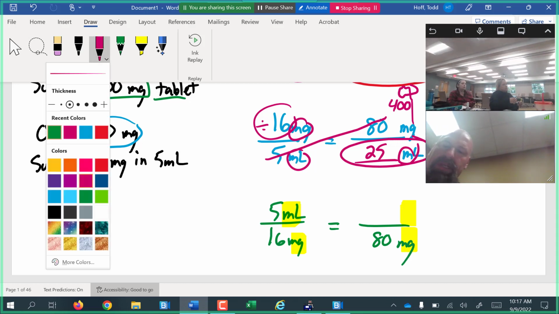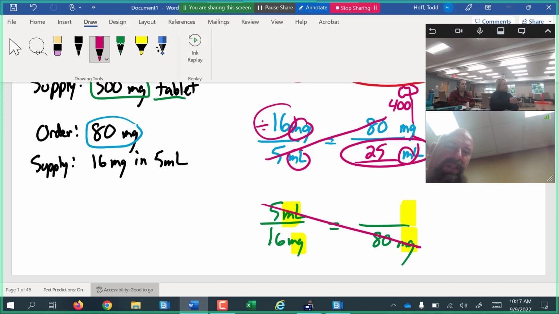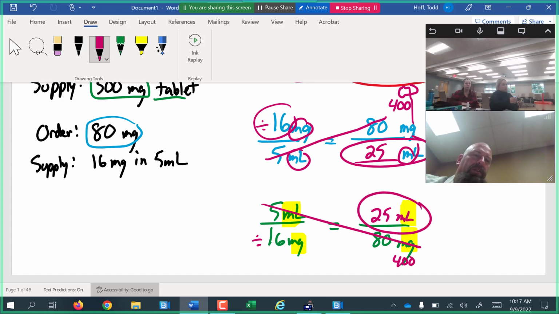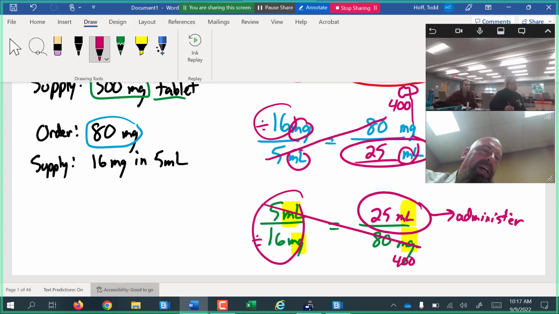And I cross multiply and divide, 5 times 80 is 400. Divided by 16 is still 25. I get milliliters. So as long as I recognize that this is what I have to administer, getting the initial ratio upside down does not guarantee we're going to screw up that calculation.